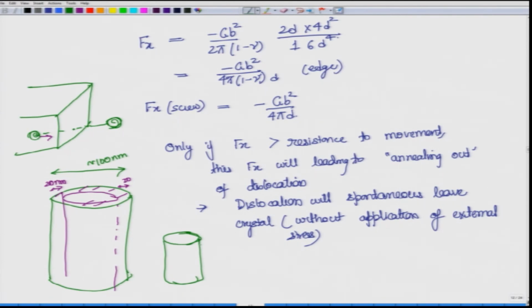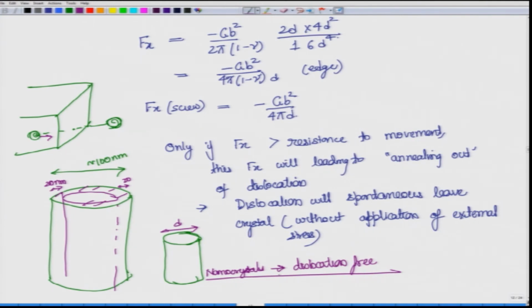If we are talking about nanocrystals, then these nanocrystals can be completely dislocation free. So, up to a certain size, up to a certain diameter, you can get dislocation free crystals.